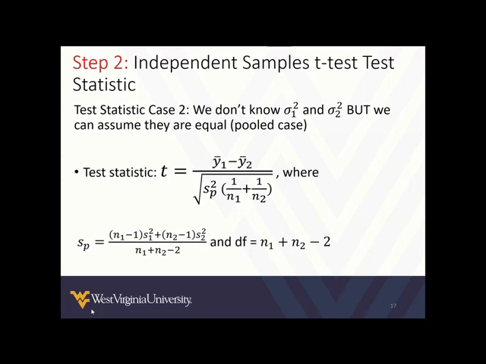And that pooled variance statistic is as follows: the quantity of n1 minus 1 multiplied by the sample variance of sample 1 plus the quantity of n2 minus 1 multiplied by the sample variance of sample 2, all over n1 plus n2 minus 2.